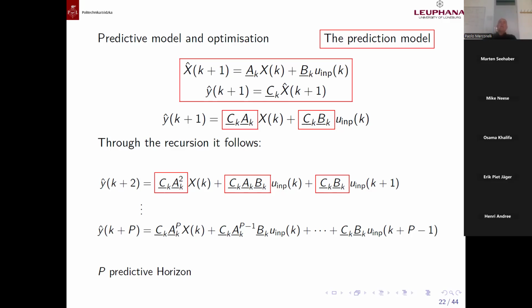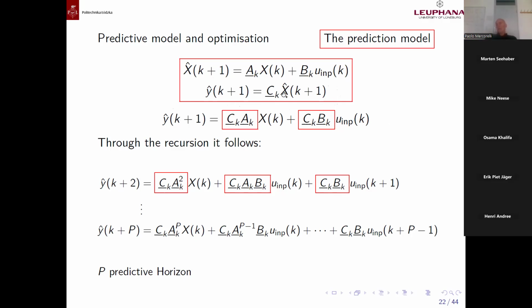Anyway, the first equation here I already told you about, because it's the prediction which came from these two basic equations. If I plug in here x hat k plus 1 with this expression, A multiplied by x_k plus B multiplied by your input, I will obtain this. Easy, no?